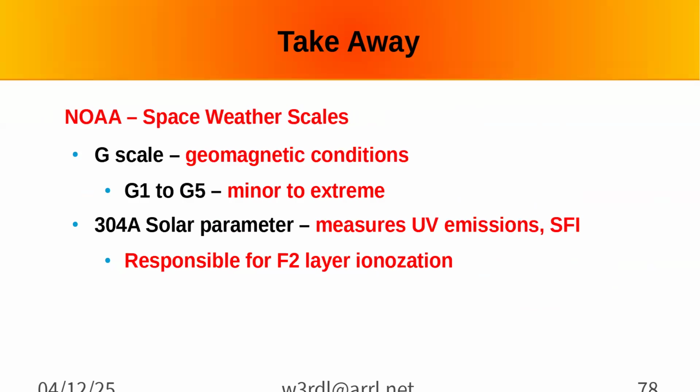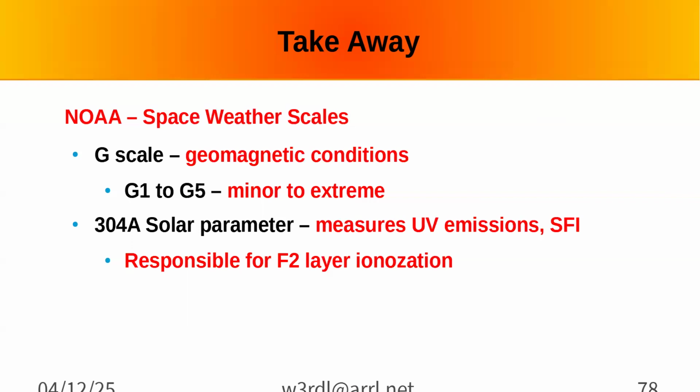The G scale done by NOAA is showing minor to extreme levels of geomagnetic conditions. I guess they don't show G0, but if you're not having any, I would assume you don't have a G1 through G5 rating.